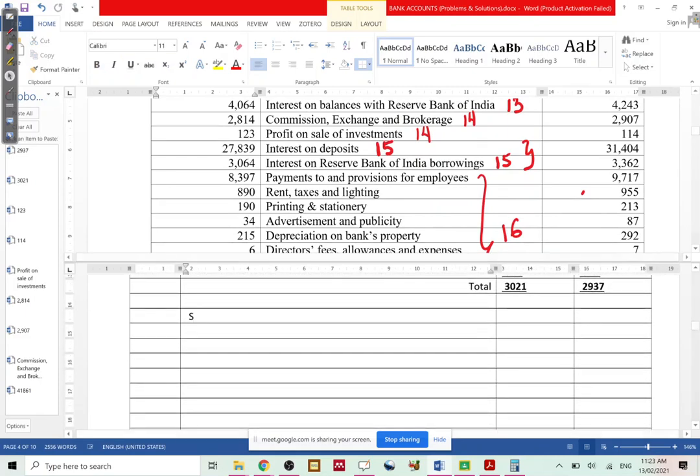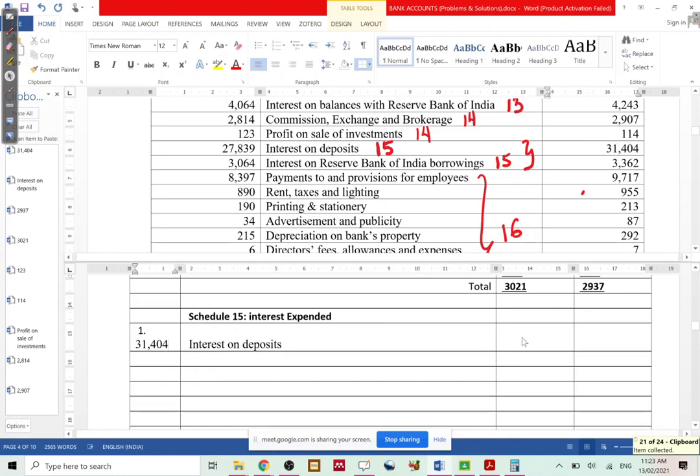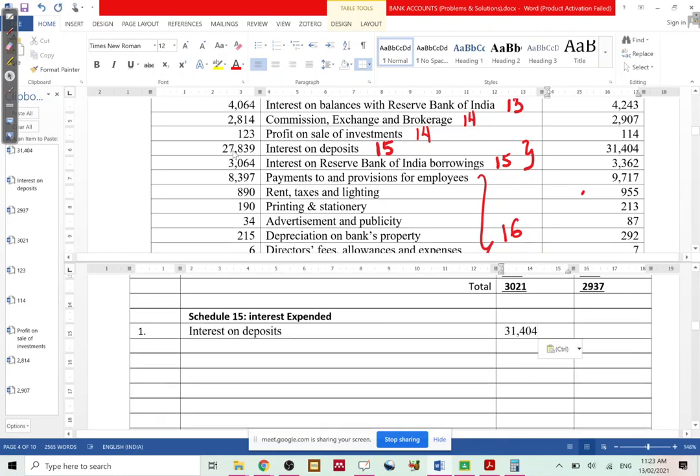The third item, we have schedule 15, and our schedule 15 is interest expended. Okay, so under interest expended, what we have is interest on deposits. Interest on deposits, current year's figure is this, and previous year's figure is this one, 27,839.